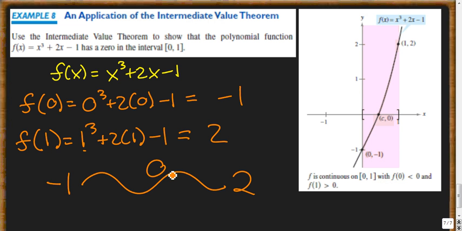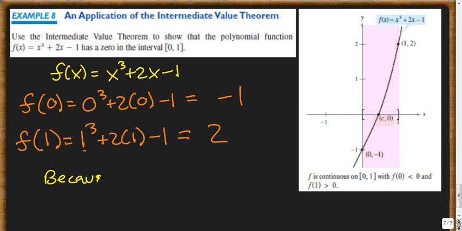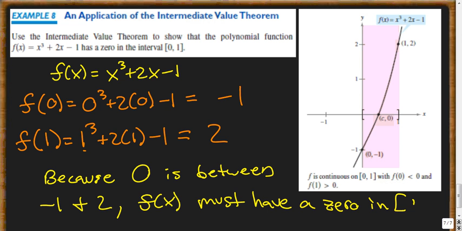It's guaranteed that there has to be a 0 in between there. That's what continuity is all about. So because 0 is between negative 1 and 2, f of x must have a 0 in the interval 0 to 1.